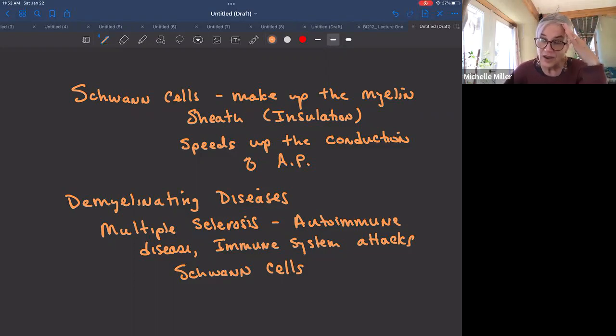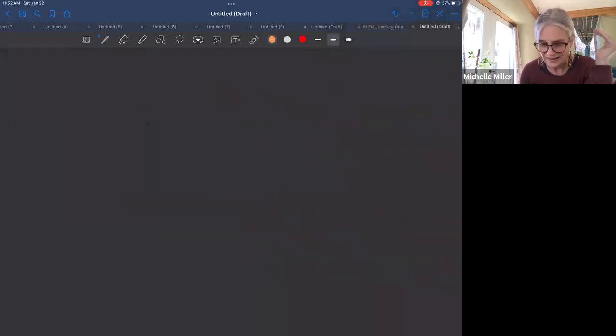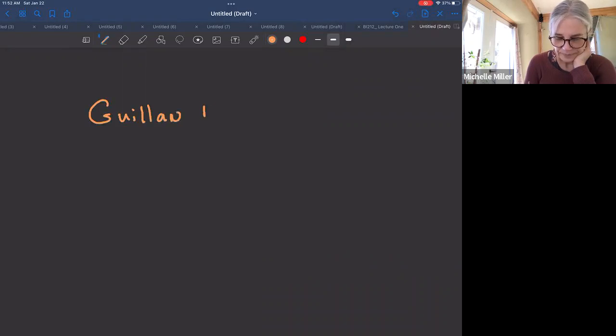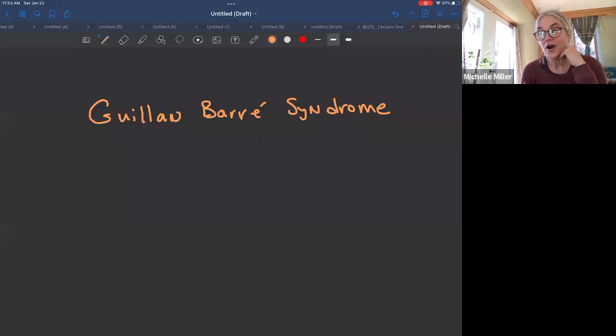Now, there's another demyelinating disease that you might have heard of, and it is called Guillain-Barré syndrome. I think it's French. It's named after a person. This is where you have temporary demyelination, usually after you have been infected with a virus.